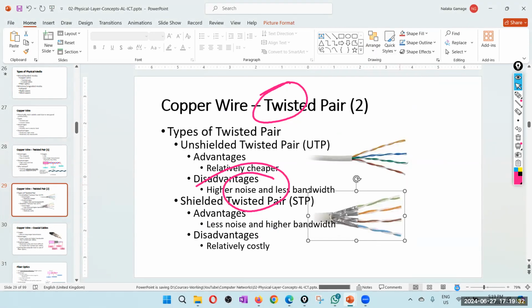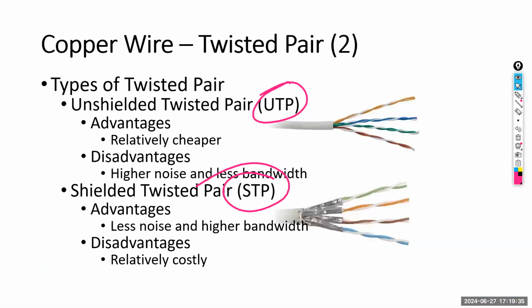The word itself says it: in shielded twisted pair, each twisted pair is shielded with an aluminium foil. So it further reduces crosstalk and interference, and STP is better than UTP when it comes to bandwidth. But of course, STP is relatively more expensive than UTP, though not very expensive.